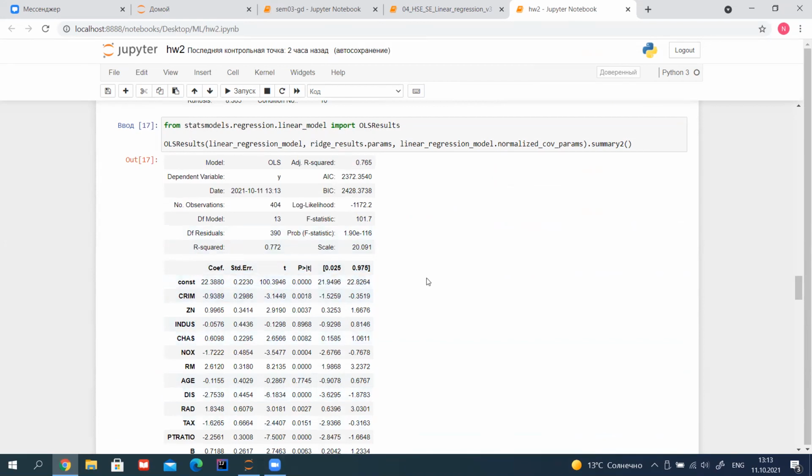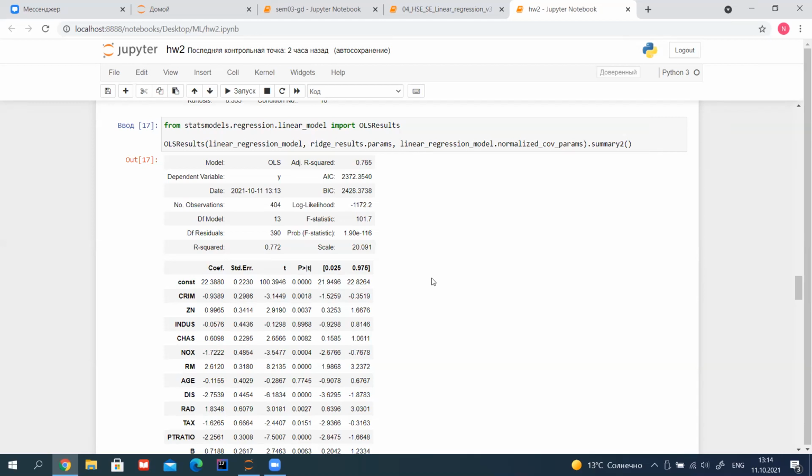They proposed to just make a new linear regression model, but pass to it the parameters from ridge. So you train at first your regularized regression, then get parameters from it and pass them to a common model. This model won't be training. It just uses the weights that you passed, and then you can get the results.